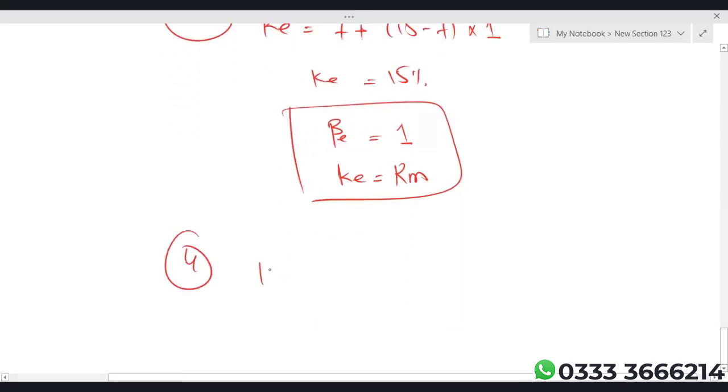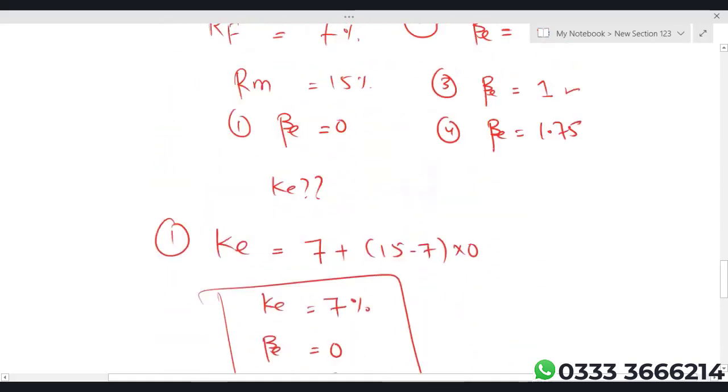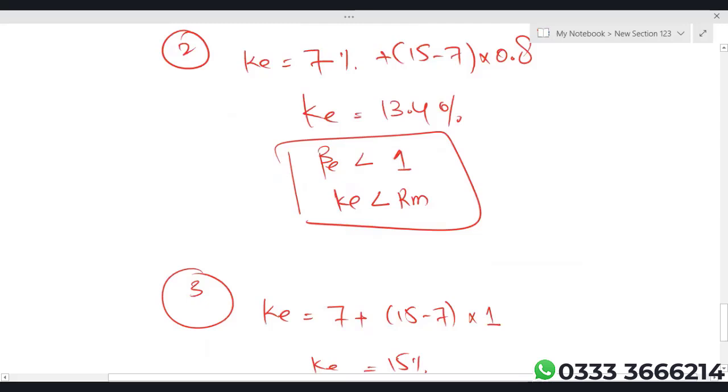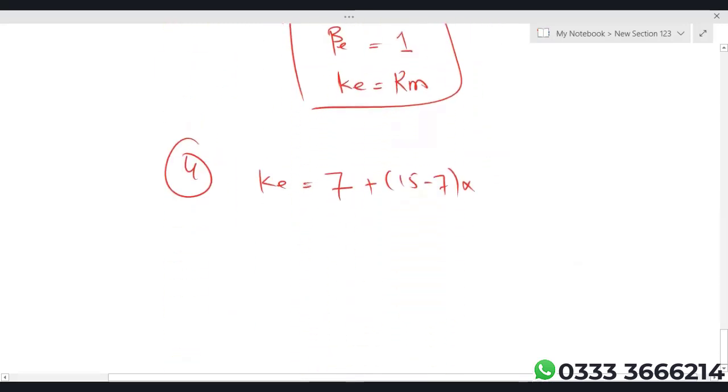Fourth and last, K is equal to 7, 15, and let's see, equity beta is 1.75. I'm getting 21, something different. Okay, let's see: 15 minus 7 times 1.75 plus 7. Students, I'm getting 21.